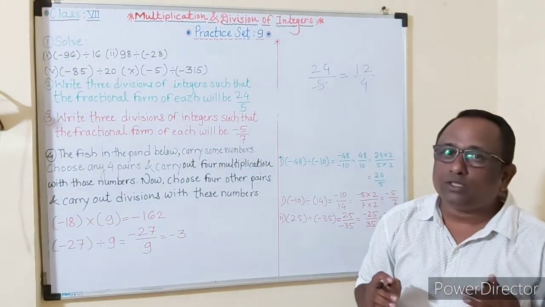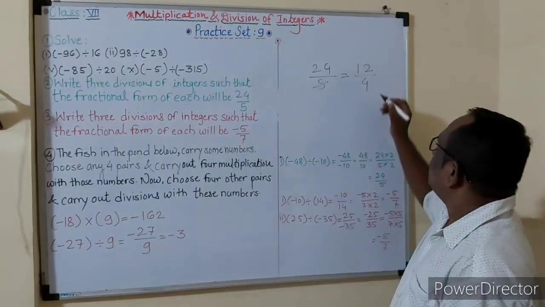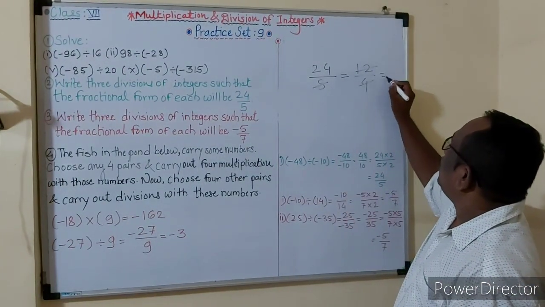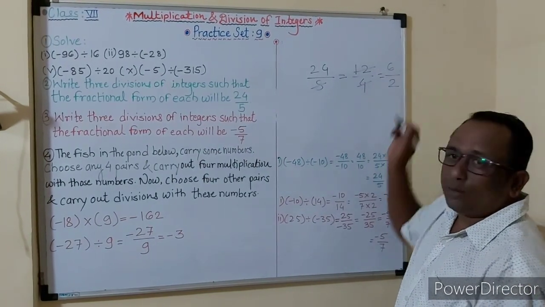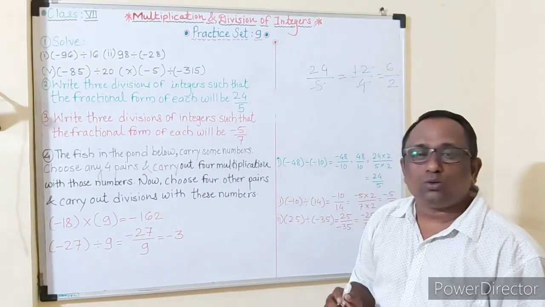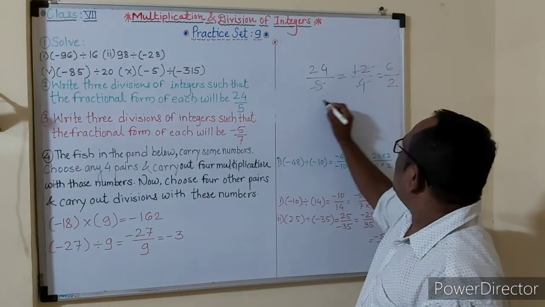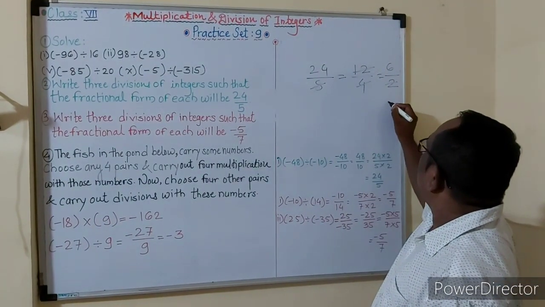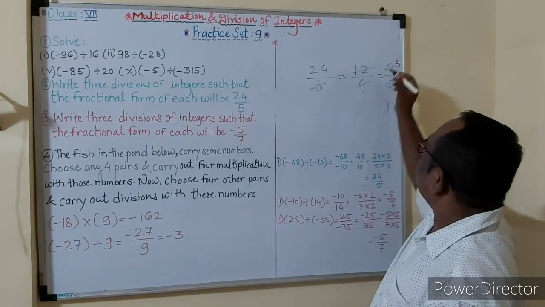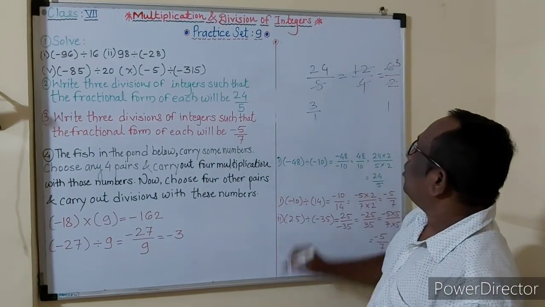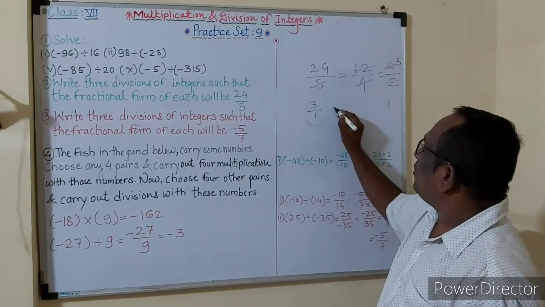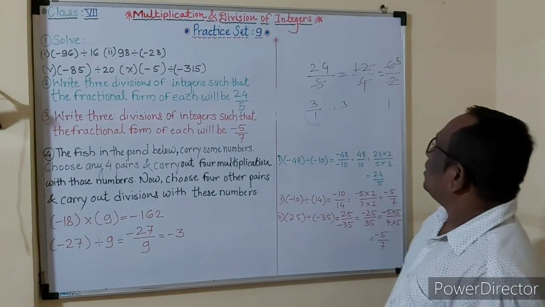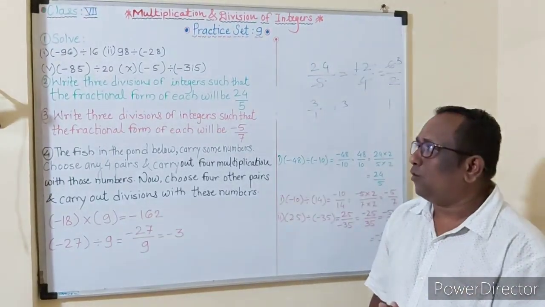Again 12 upon 4 is divisible by 2. 2 2s are 4, 2 6s are 12. Now 6 upon 2 is also divisible by 2. So 2 1s are 2 and 2 3s are 6. So 3 upon 1, 3. So this is called the simplest form.